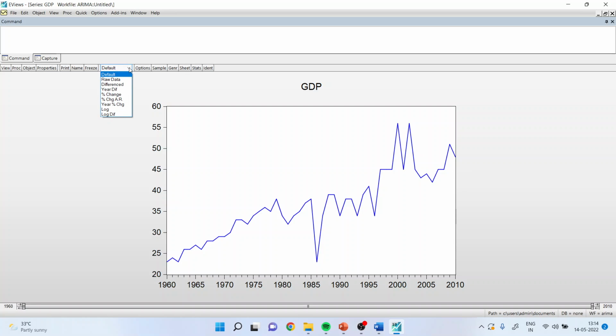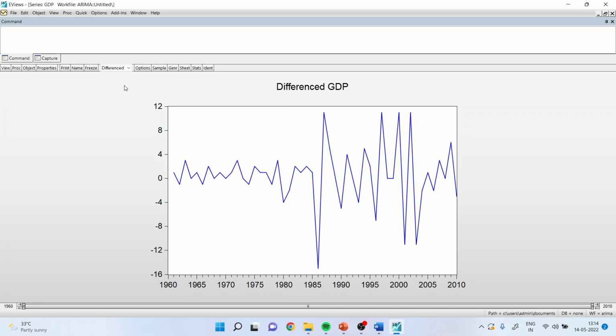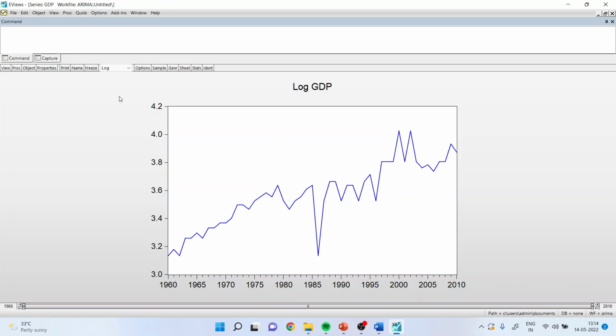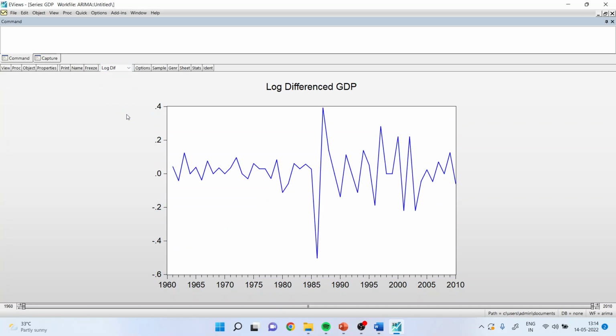And I can also see that if I take the difference, probably the series is becoming stationary at first difference, because the series becomes the mean returning series. Let us check by taking the log difference.